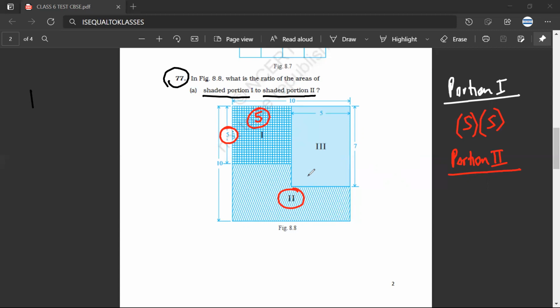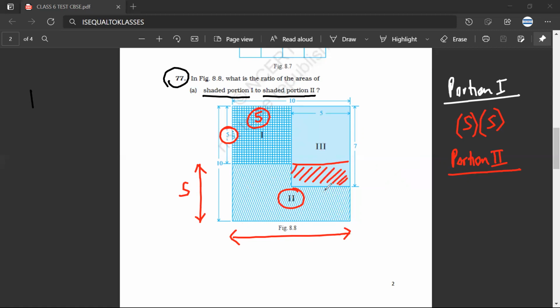So 10 into 5. Yes, sir. This whole is 10, and this is 5. And then I will need to subtract this. Yes, so that is 2 into 5.